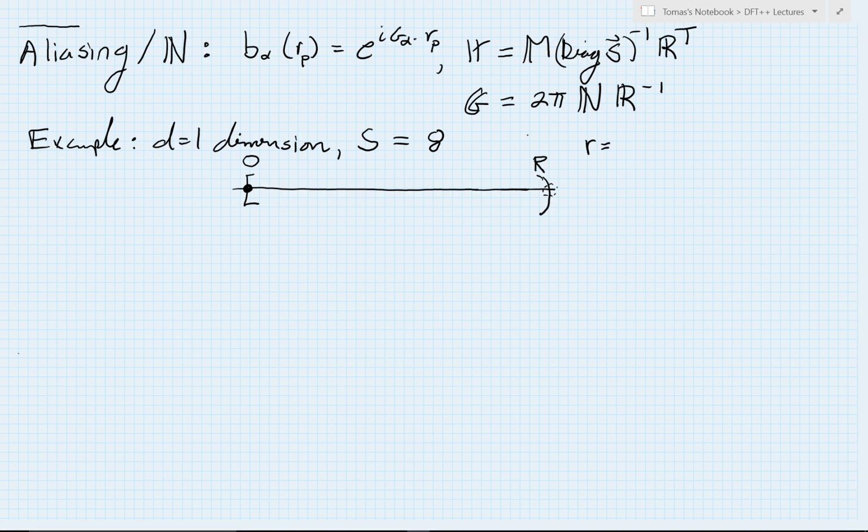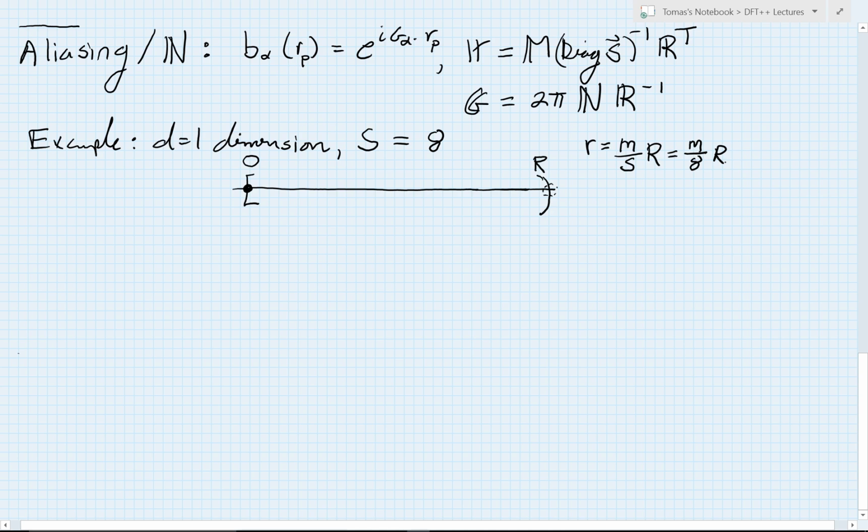So I will index those by just lowercase m. That will be that m value. The size is 8. I'll just write down the generic formula. So it's m over s in this case times R. The R matrix, again, is just a 1-by-1 matrix now of size R. And so in this case, it will be, again, m over 8 times R.